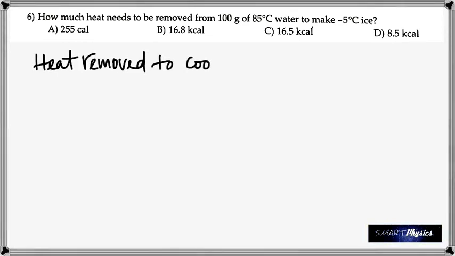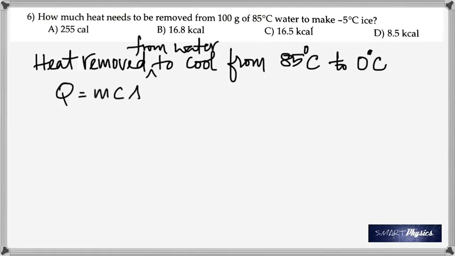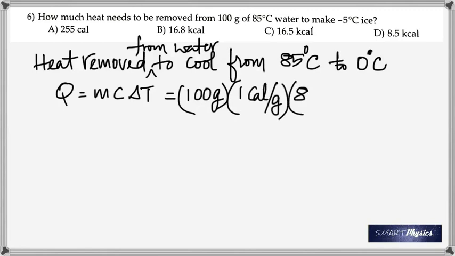Number 1, heat removed to cool the water from 85 degrees Celsius to 0. Q is mc delta T. Mass 100 grams, and specific heat of water is 1 calorie per gram. Change in temperature 85 minus 0 gives 8500 calories.